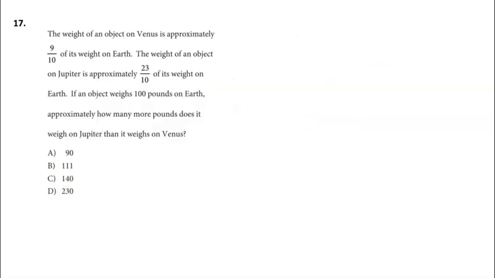(17). Okay, 17 says the weight of an object on Venus is approximately 9/10 of its weight on Earth, right? So on Venus, it weighs 9/10 of the weight on Earth, which we don't know yet.